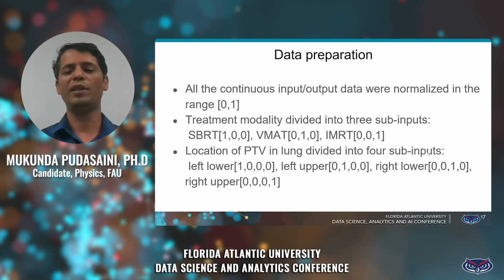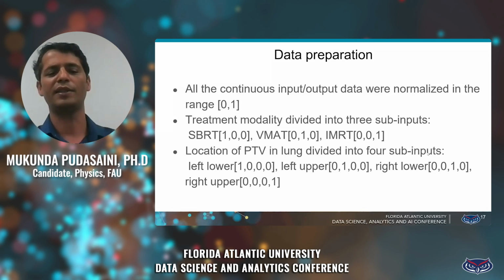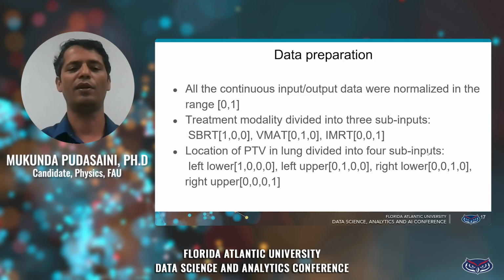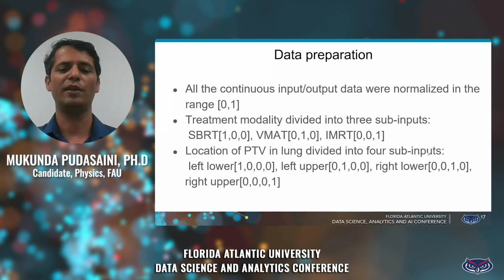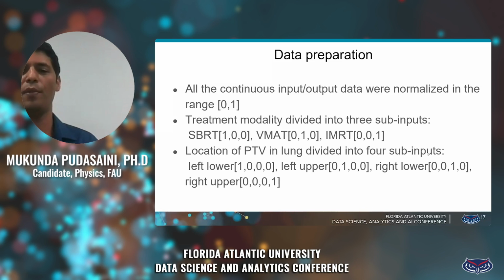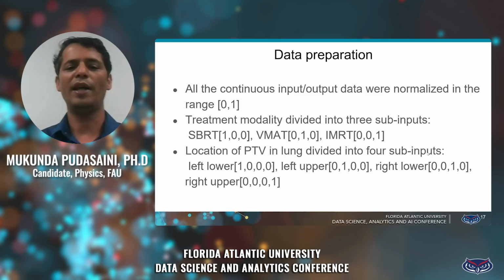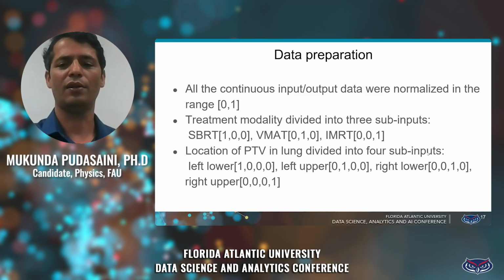Similarly, we divided the location of the tumor in the lung into 4 different parts: left lower lung, left upper lung, right lower lung, and right upper lung, and assigned them 4 subunits with the values 1000 for left lower, 0100 left upper, 0010 right upper, and 0001 for right lower.